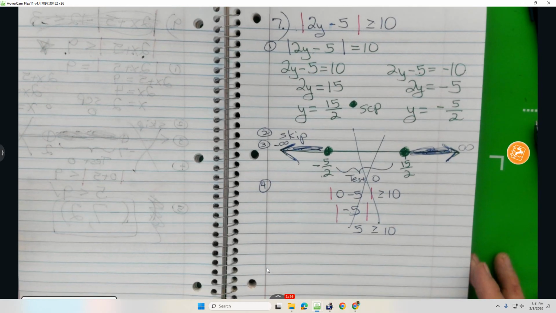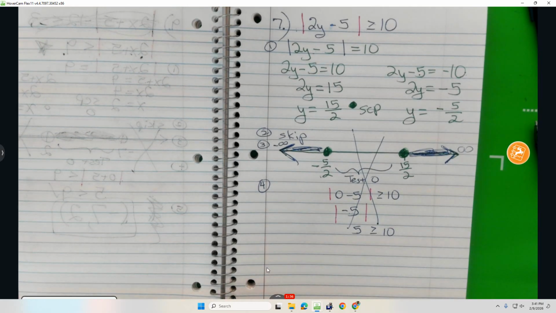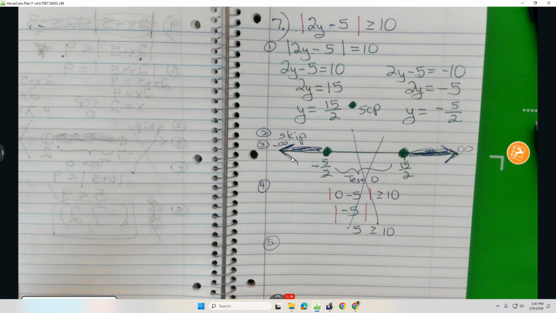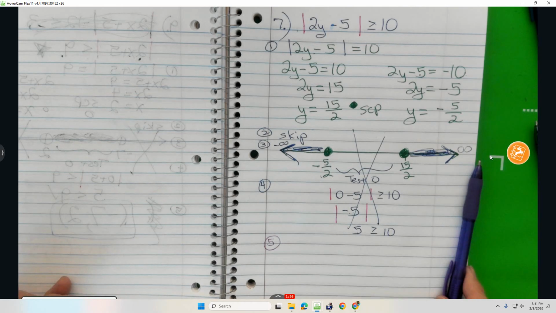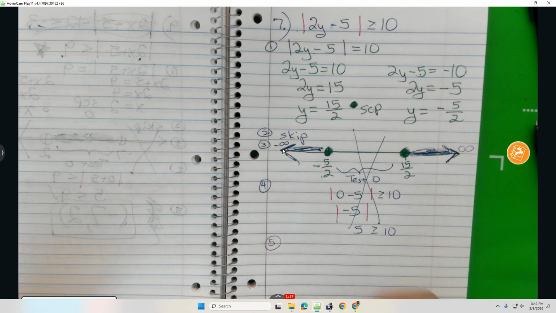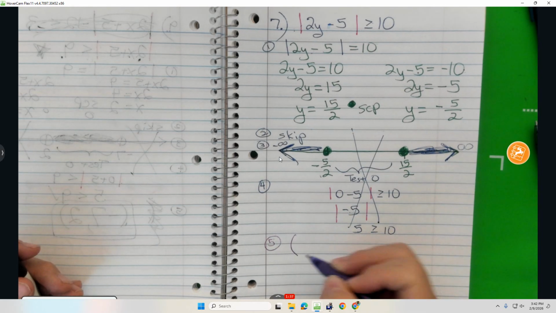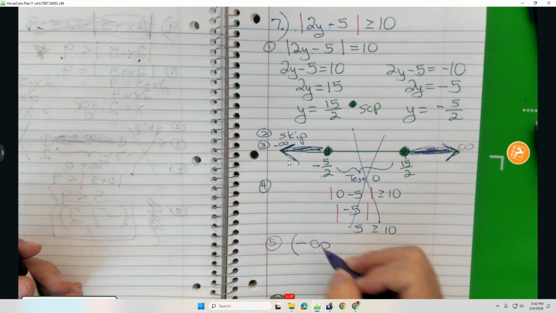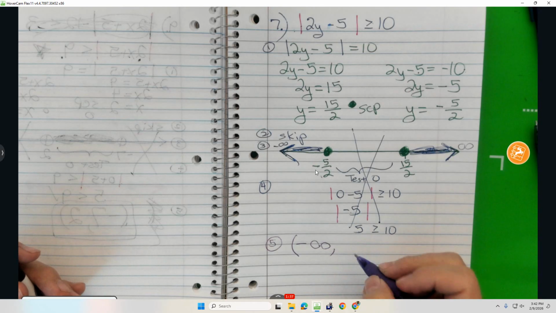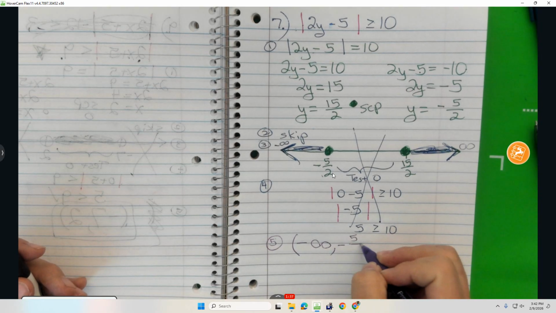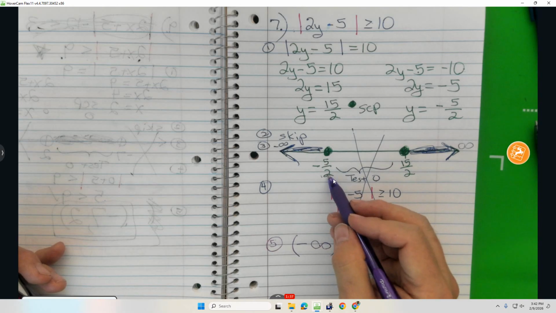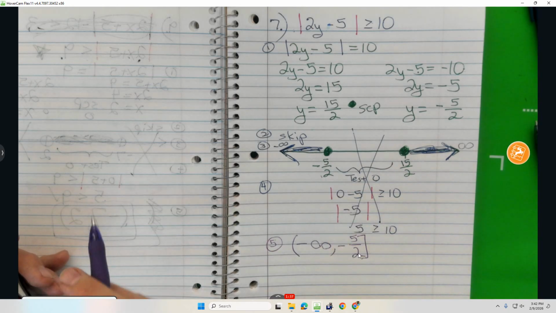Fifth and final step, interval notation. Call it out as if you were typing it in. We go left to right. So, parentheses, negative infinity, comma, negative 5 over 2, and put a bracket, because negative 5 over 2 is shaded.